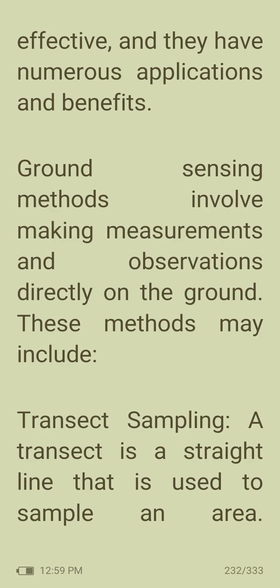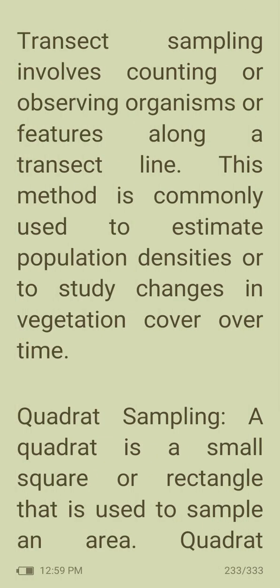Transect sampling involves counting or observing organisms or features along a transect line. This method is commonly used to estimate population densities or to study changes in vegetation cover over time. Next, quadrat sampling.